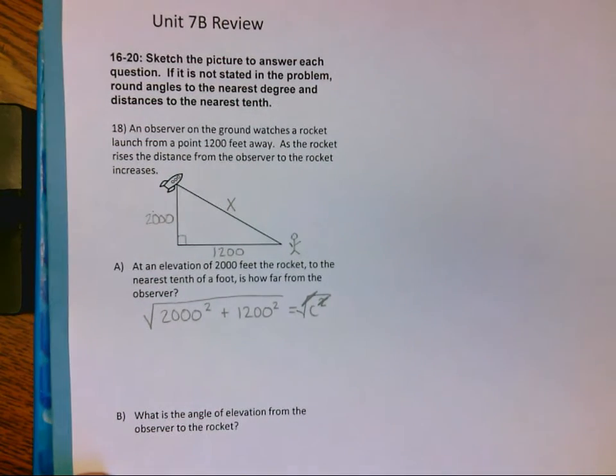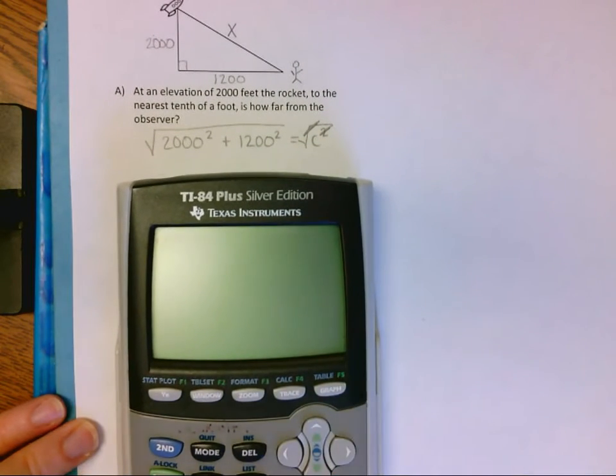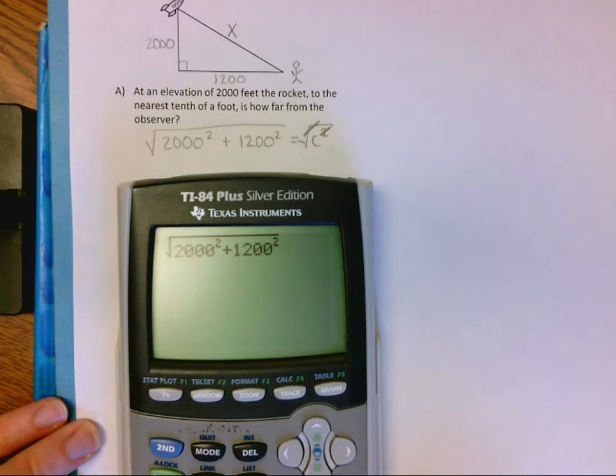We'll let the calculator do all the hard work. For the square root of 2,000 squared plus 1,200 squared, all of that under the radical sign will solve for C.